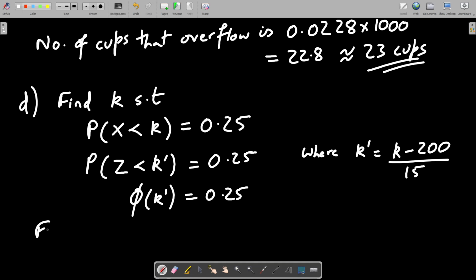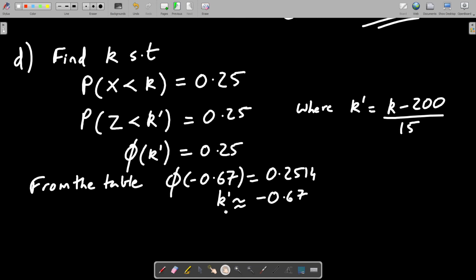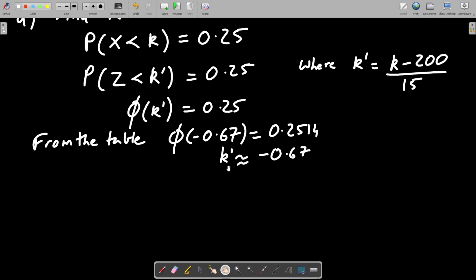So from the table, phi of minus 0.67 is equal to 0.2514. So k dash is approximately equal to minus 0.67.